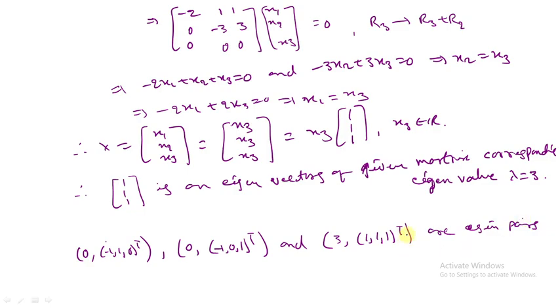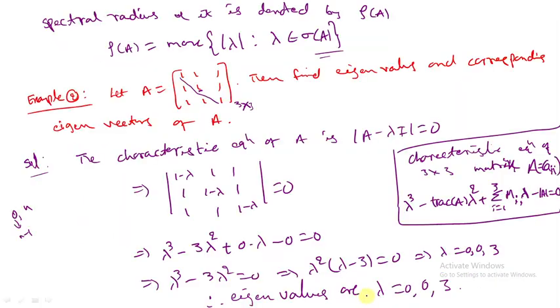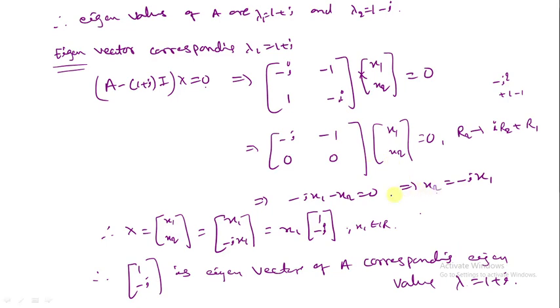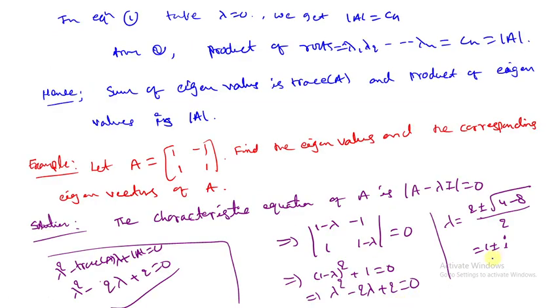Now observe here: we got the eigenvalues; what is the trace of this one? 3. That's the trace, 3. Determinant is 0. The sum of eigenvalues is 3, and the determinant is 0.